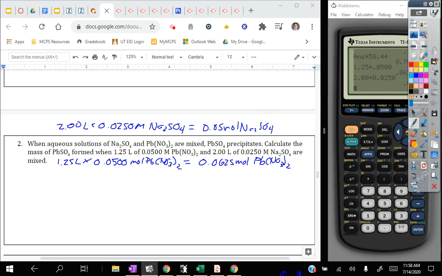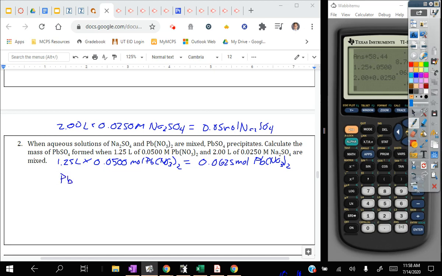All right, and I want to know how many moles of lead sulfate will precipitate. So for this, I should focus on the ions. If I know the moles of sulfate ions and the moles of lead ions, then I compare to figure out which one will run out first.